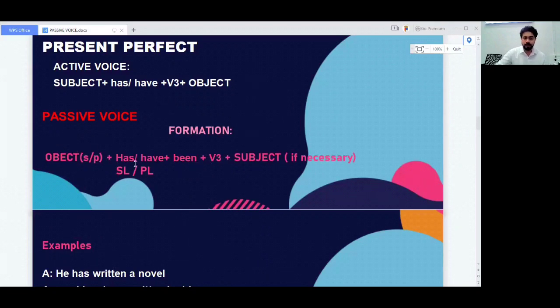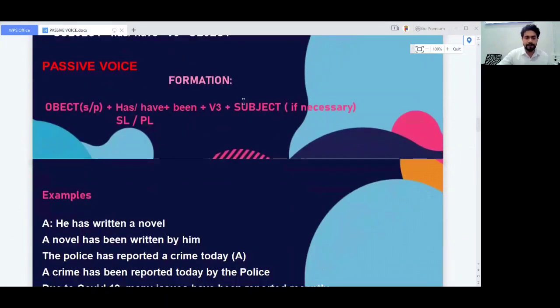So it's all about has been or have been. If the noun is singular, you will have has been plus V3, and if the object is plural, you will have have been plus V3. And if you want, you can add the subject by using a by.